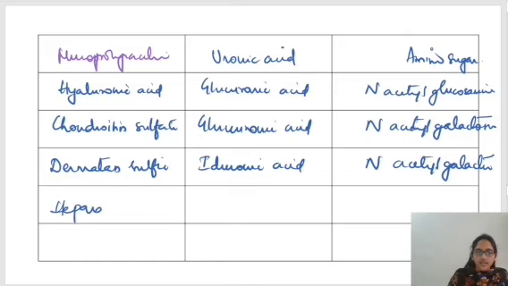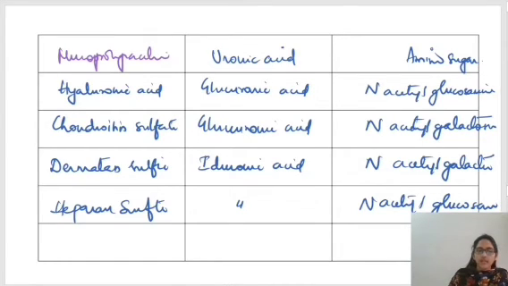Heparin sulfate contains iduronic acid and N-acetyl glucosamine. So amino sugars, hyaluronic acid and heparin sulfate both have glucosamine. And glucuronic acid is present in hyaluronic acid and chondroitin sulfate. Iduronic acid is present in dermatan sulfate and heparin sulfate, okay.